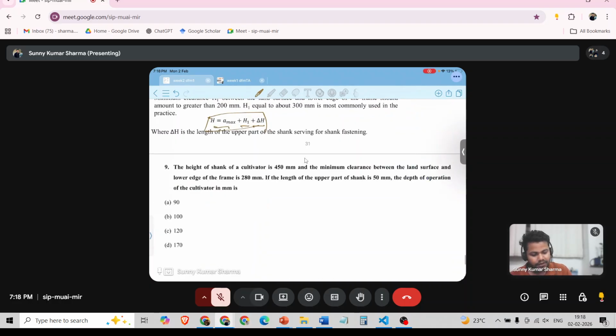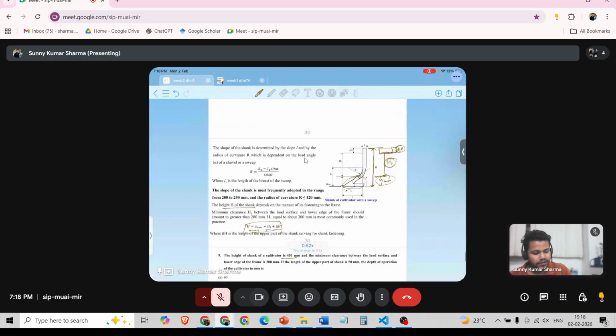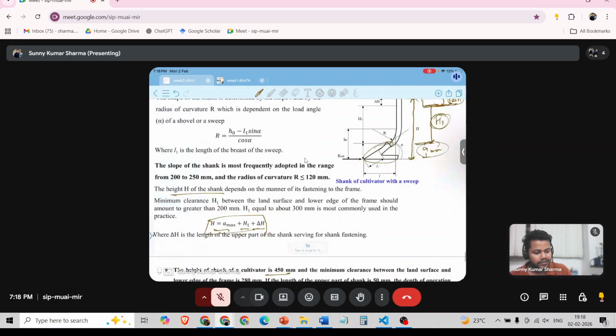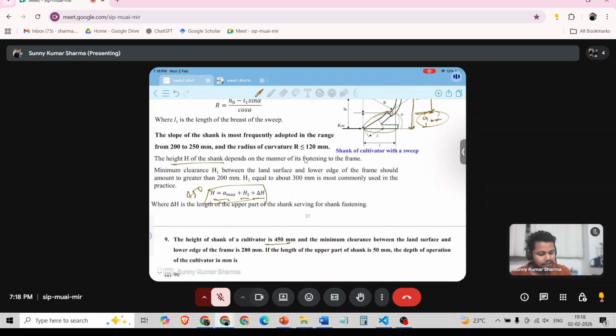shank. So height of shank of a cultivator is 450 mm. This total height is 450 mm. And minimum clearance between land surface and lower edge of the frame is 280.